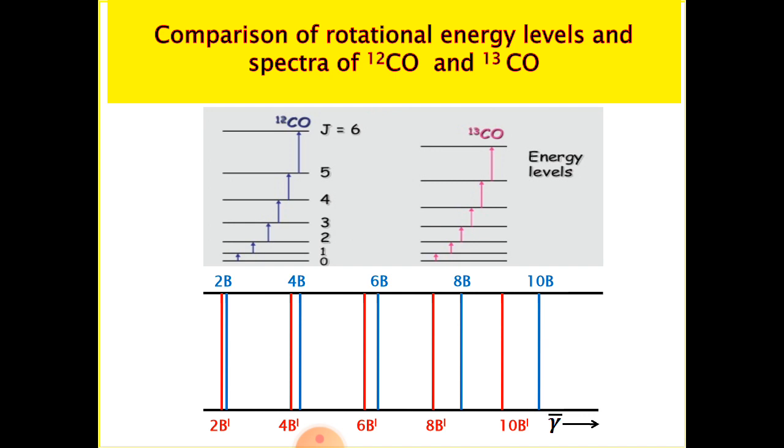Therefore, when C12 is substituted by C13 isotope, the rotational spectrum is shifted. And from this, B and B dash values are calculated, hence atomic weight of the atoms can be calculated. Thank you.